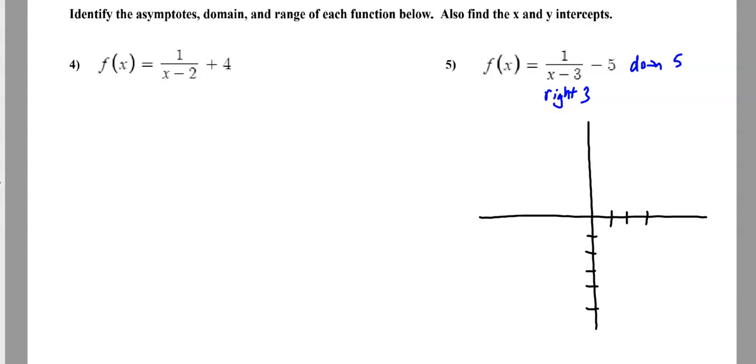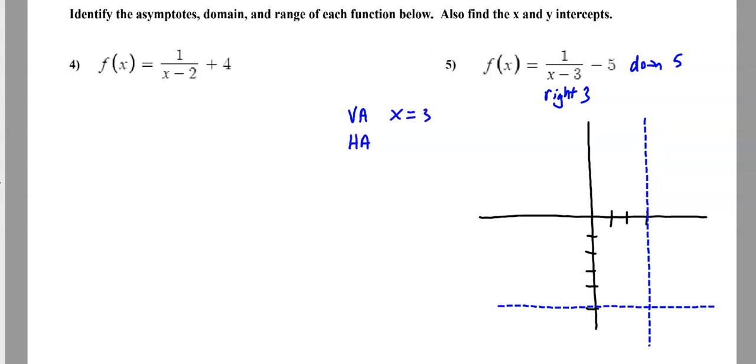Those are my two asymptotes there. So I have a vertical asymptote at x equals 3. I have a horizontal asymptote at y equals -5, which matches up with what the little table up above said.